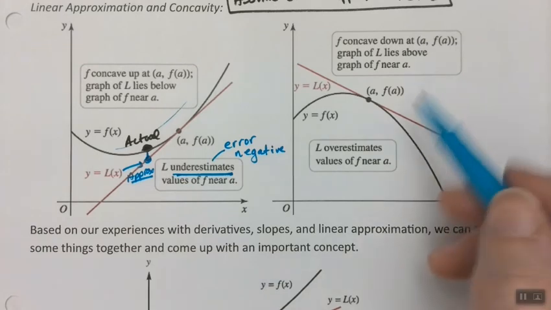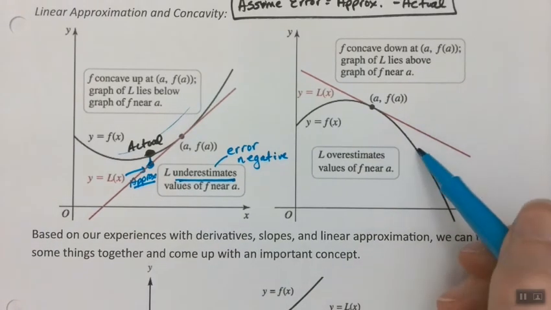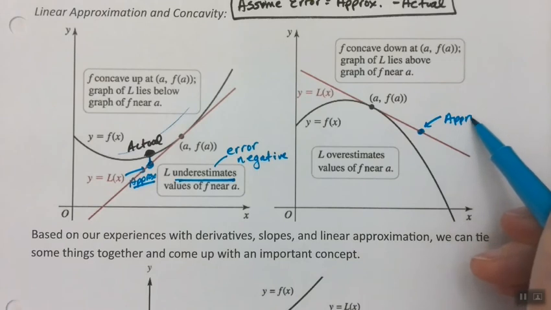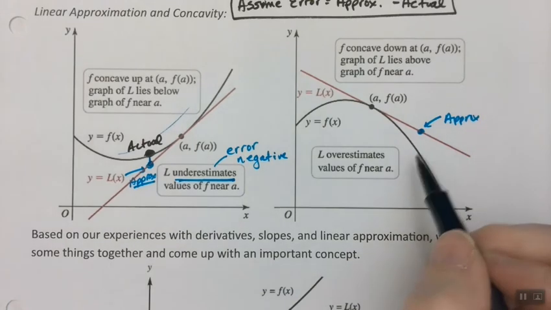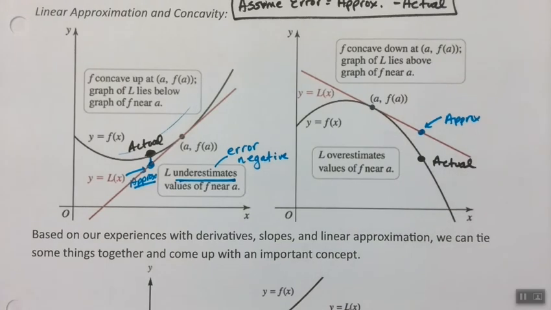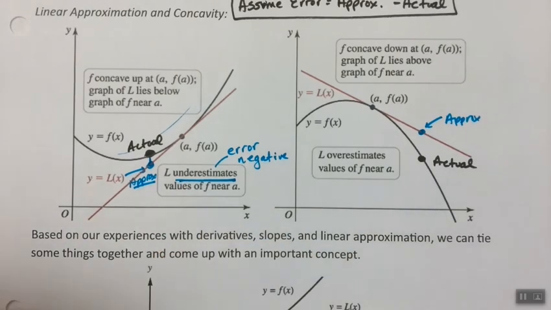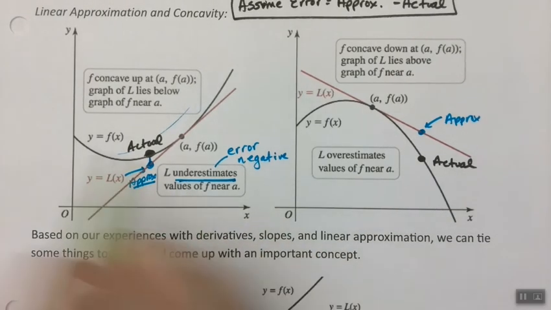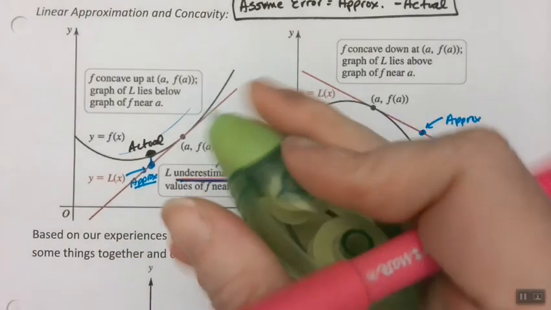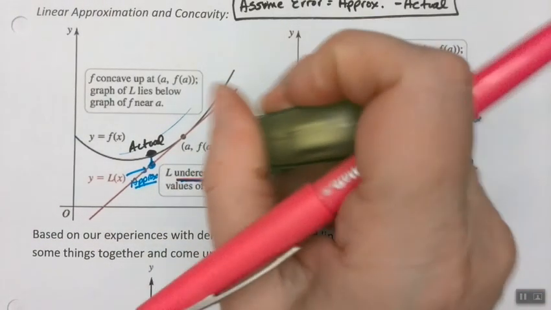By the same token, if it's concave down, then your approximation's right here. The actual is here. And that means that your error will be, here, let me do it this way. Error will be positive. Right? So, sorry, I'm going to change my color because I used blue for the approximation.